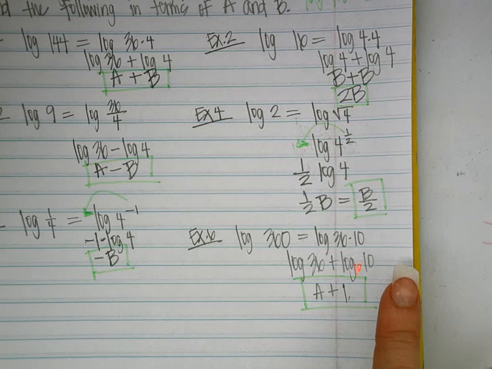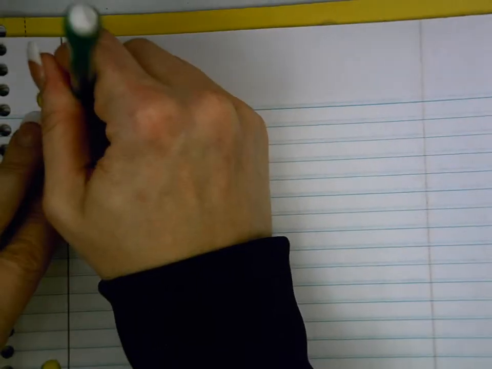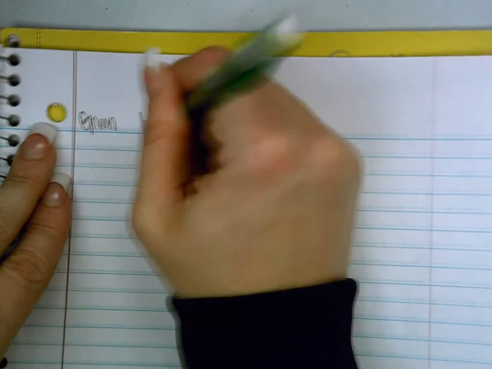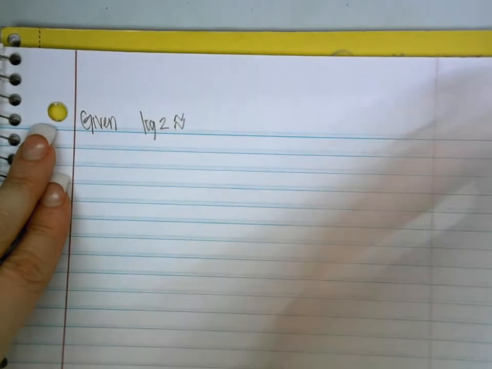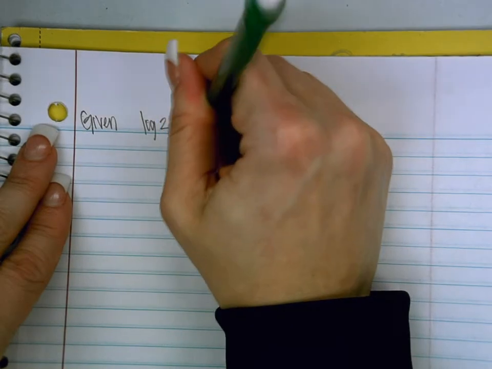Make sense? Okay. Next part is almost exactly the same, but I'm going to give you some actual approximate number answers. So for this one, if I tell you given that log of 2 is approximately, so you do those wavy equal signs, 0.300.